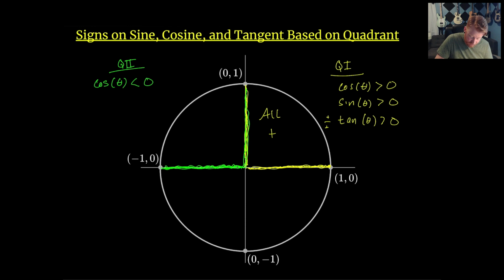We're still kind of in this upper half here. So we get that the sine of theta is still positive. And if I wanted to look at the tangent, which is just the ratio of the sine and the cosine, we're going to have a positive value over a negative value, which means that tangent is also negative. So here we see that only the sine is positive.